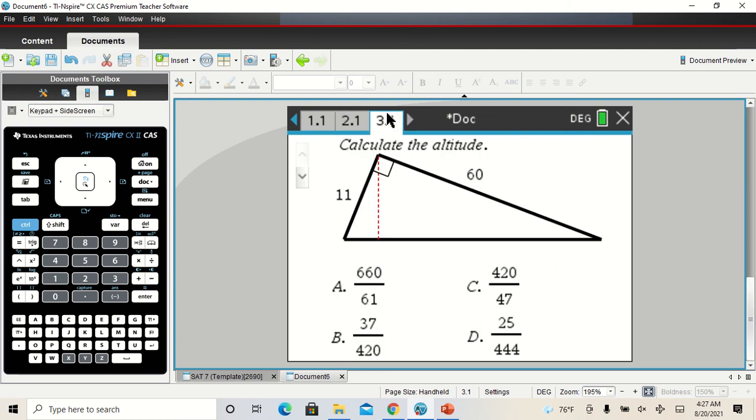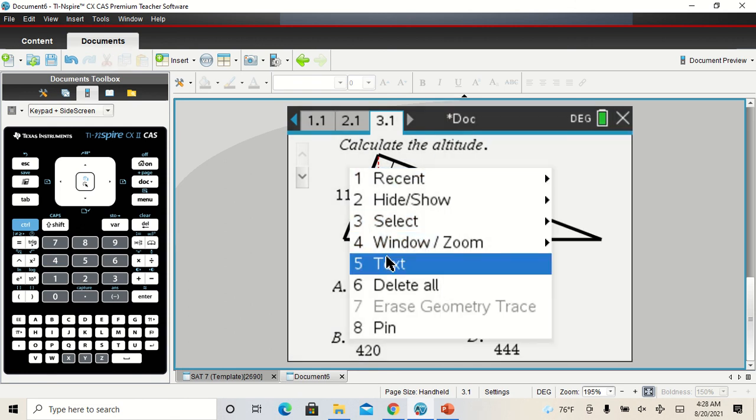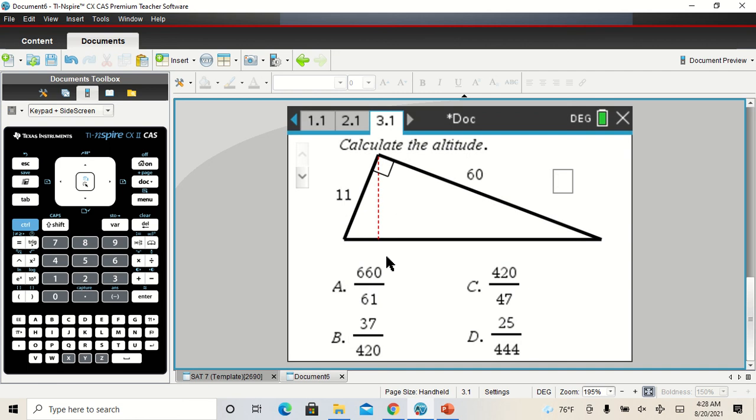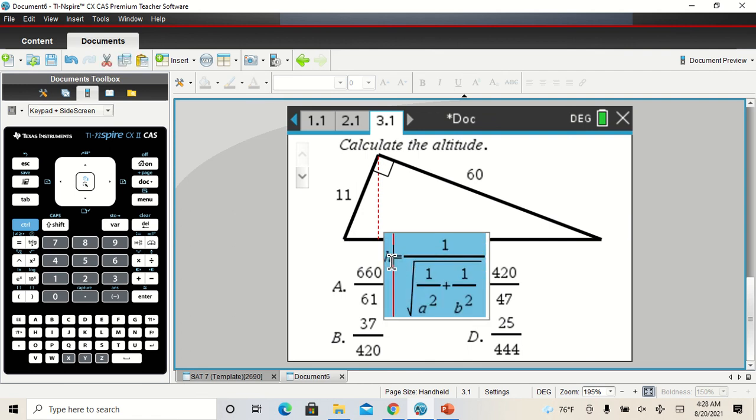Now the example that was given to me this way, I created it for students. And what you have here, it's basically the same thing. So I'm going to do a little bit of cheating. I'm going to right click and type that formula in. So that's the formula.